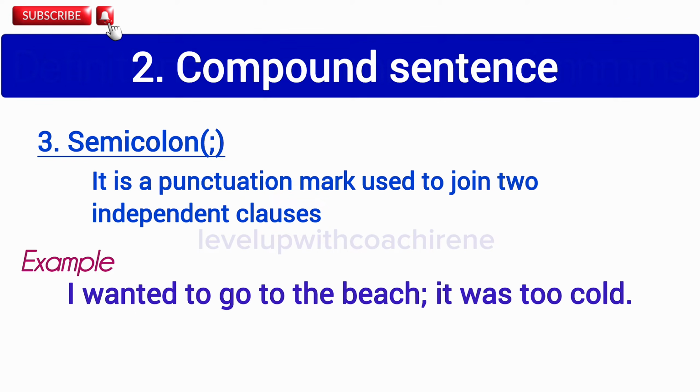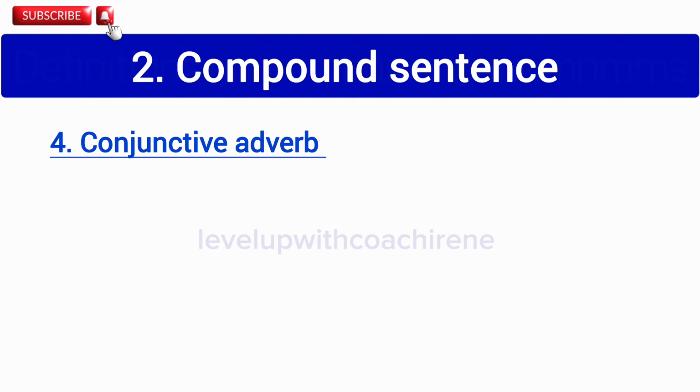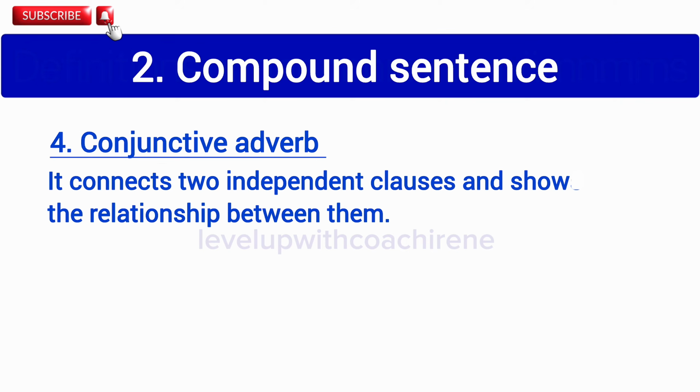Here, the semicolon joined the two independent clauses without needing a conjunction. Another feature is a conjunctive adverb. This is a word that connects two independent clauses and shows the relationship between them.